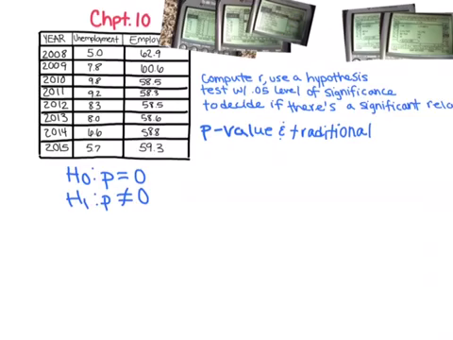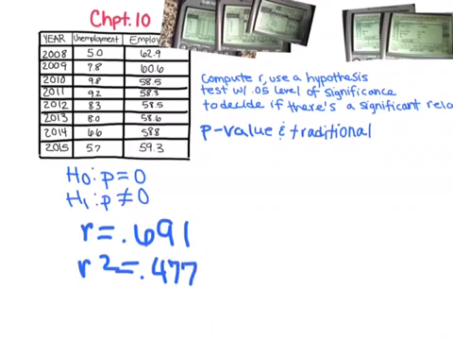That will give you your R value and R squared value: R is 0.691, and R squared is 0.477. With that, you're going to be able to do the test value.